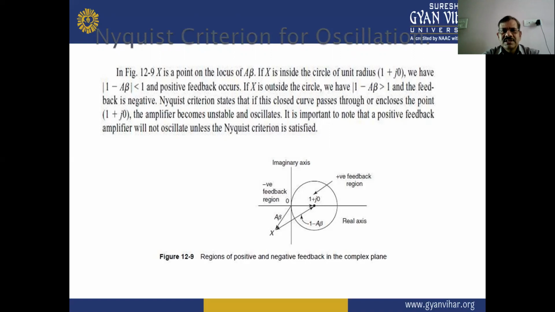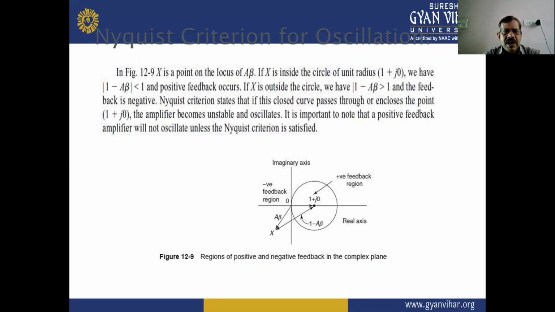If X is inside the circle of unit radius about 1 plus j0, we have magnitude of 1 minus A beta less than 1 and positive feedback occurs. If X is outside the circle, we have magnitude of 1 minus A beta greater than 1 and the feedback is negative in that case.